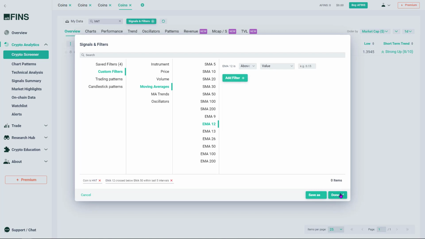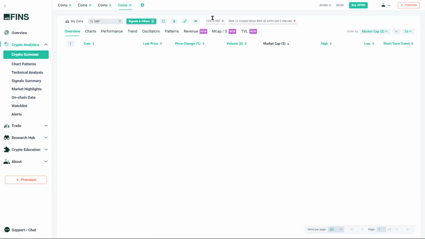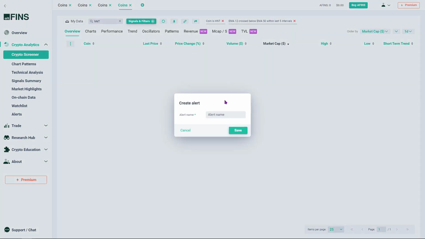Okay, so those are the two conditions. Really just one, the condition, which is EMA 12 crossing below EMA 50, will let me know that I need to exit this trade. And again, I can set an alert, says HNT EMA 12 50 sell.